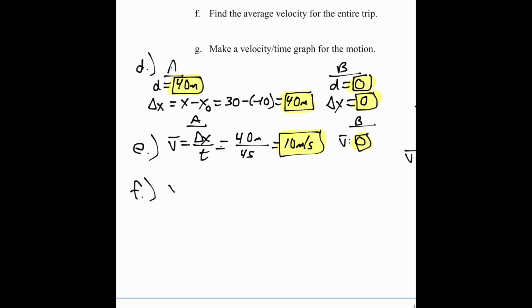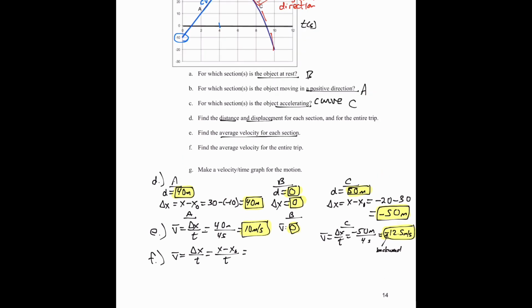All right, part F. Let's find the average velocity for the whole trip. So that means you're taking total displacement over total time. So my total change in position would be, my final position looks like it's negative 20.